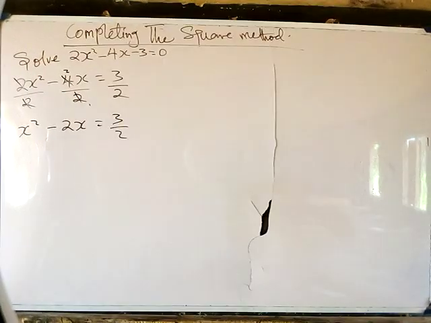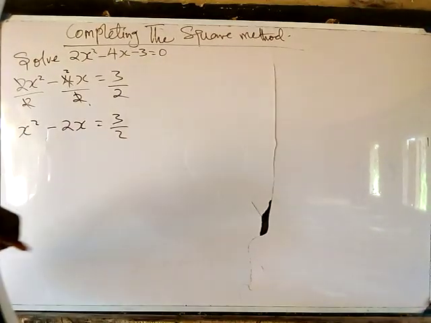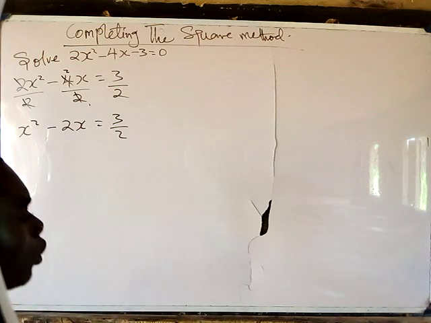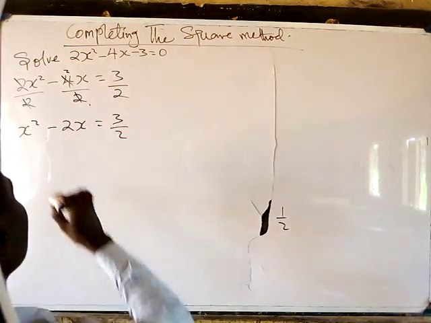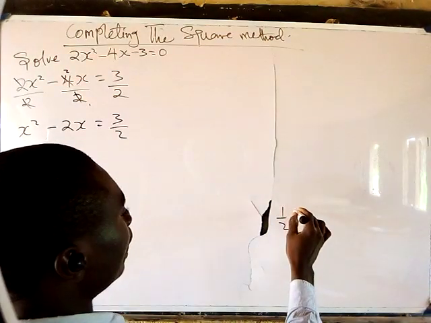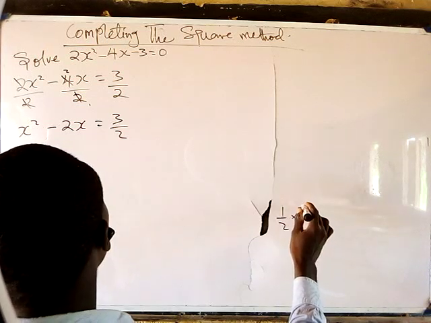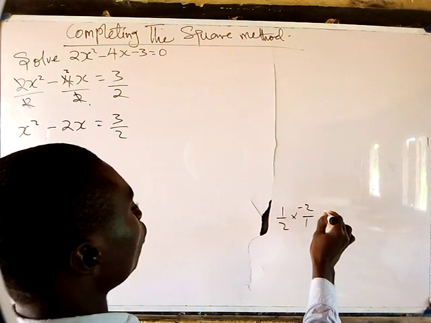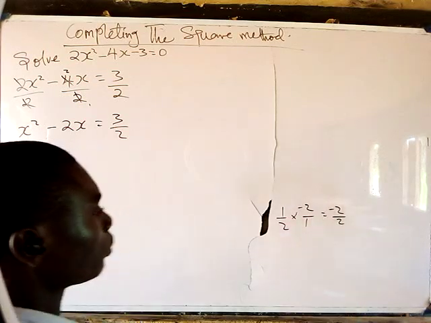What do we do again? We have to take half the coefficient of x, square the result and add to both sides of the equation. So let us do it somewhere here. Half the coefficient of x. The coefficient of x here is minus 2, isn't it? Half times minus 2, that is over 1, isn't it? 1 times minus 2 is minus 2. 2 times 1 is 2.